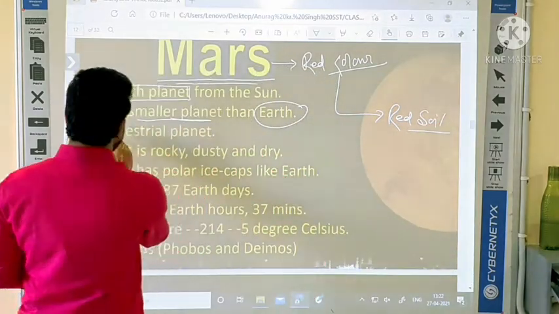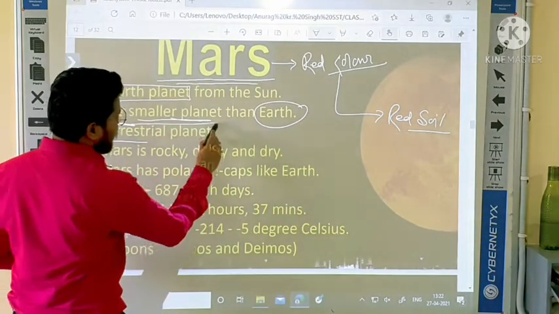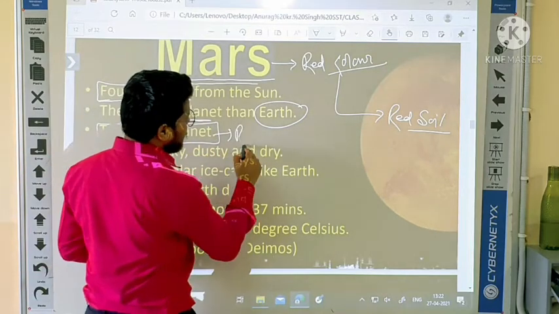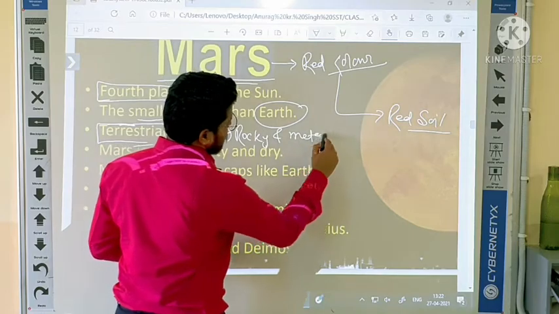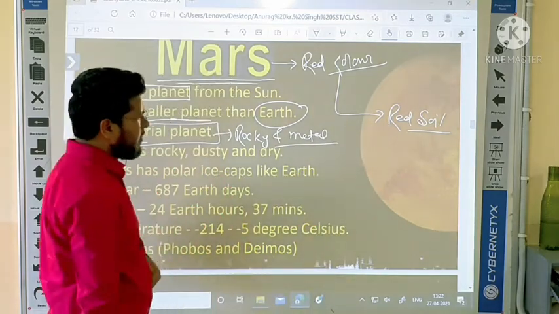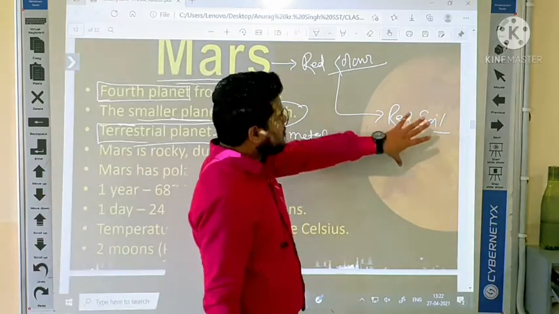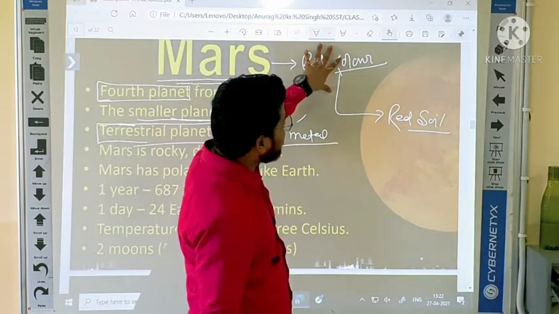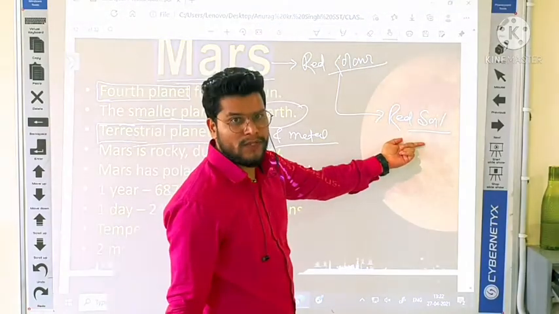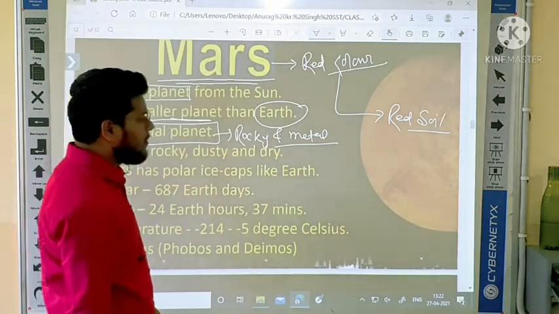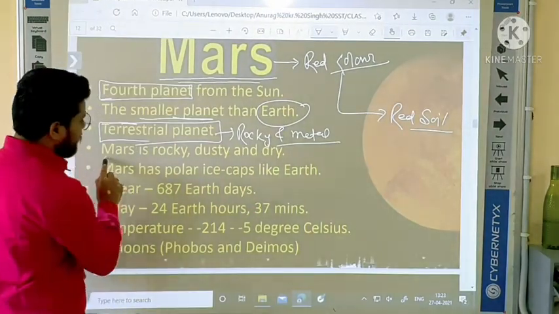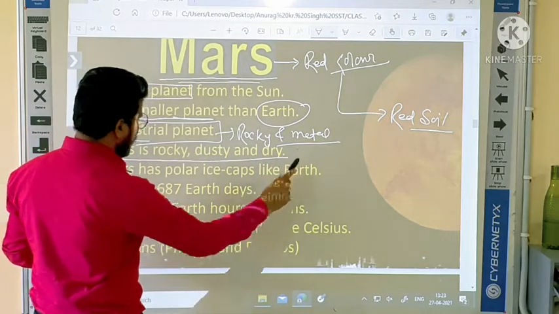See here, terrestrial planet means again made up of rocky and metals. Its surface is made up of rocky and metals. Okay, so Mars is red in color due to red soil. You are getting my points or not? Yes. Now I explain you Mars is rocky, dusty, and left it.